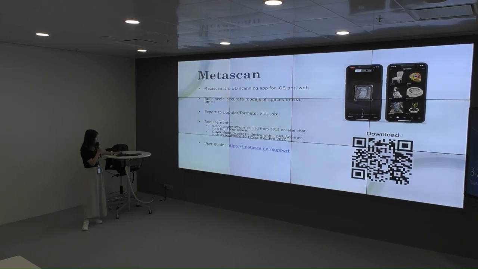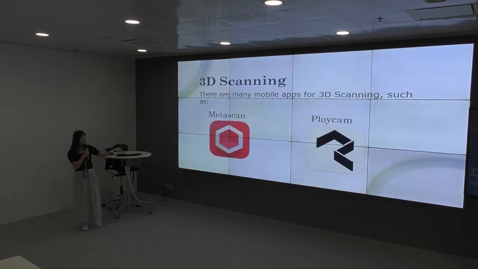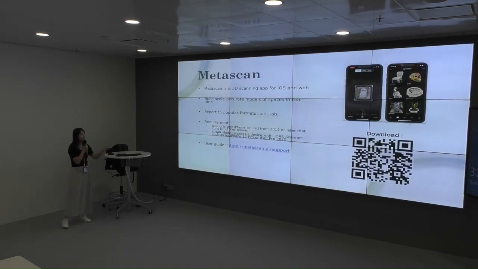Here are two applications I would like to introduce to you. The first one is Metascan, the second one is Polycam. Metascan is a mobile application. You can do the 3D scanning for iOS and web.